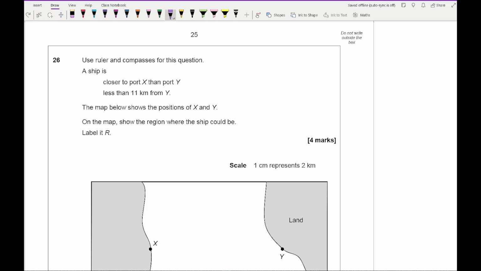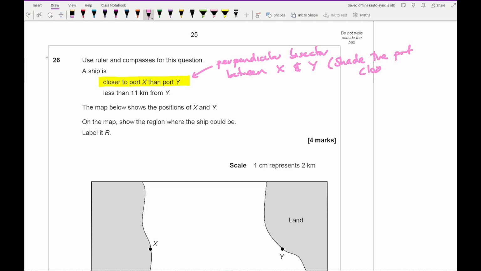Label this R. For this first bit, you need to draw a perpendicular bisector between X and Y. And then you want to shade the part closer to X.